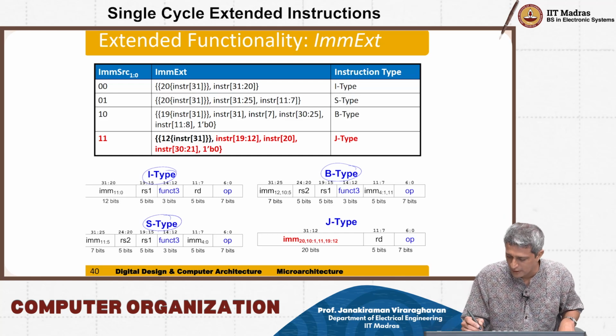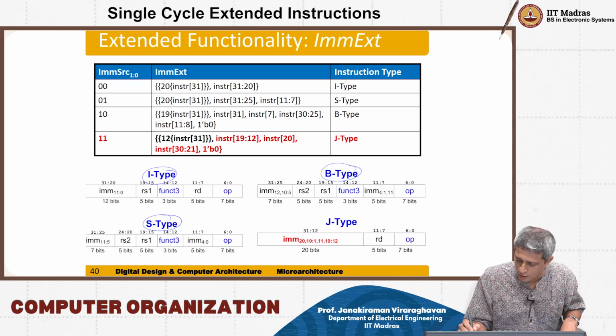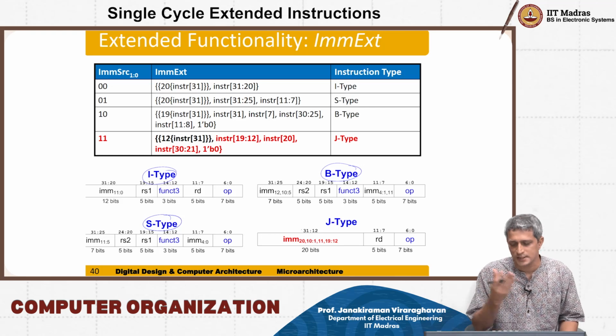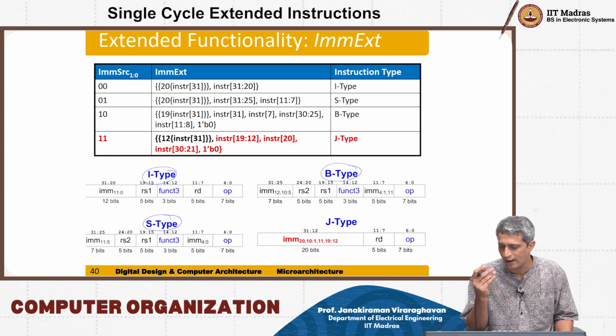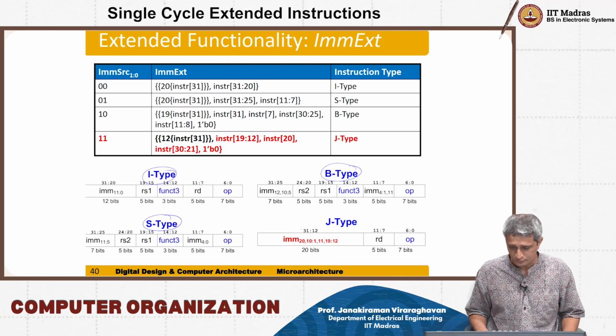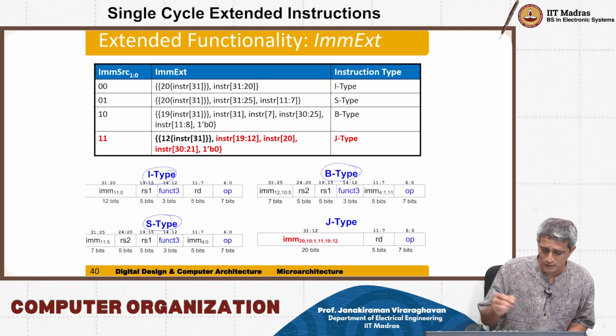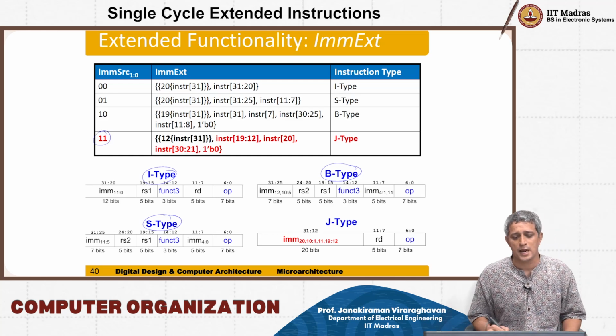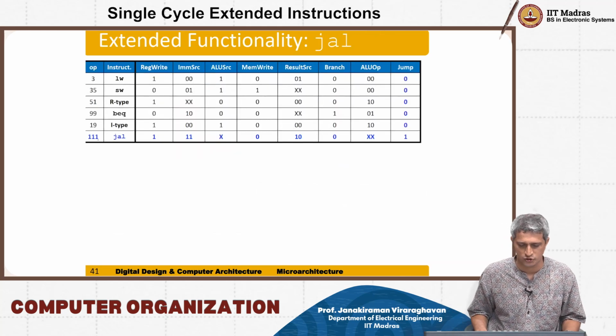Okay, so bits 12 onwards really is sort of my 20 bits of information that I have, right? And therefore I need this IMM source to have a fourth type 11, right, to handle this J type of instruction, right?